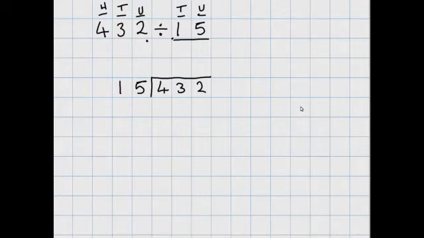Now this is actually probably the most tricky part of this calculation: you've actually got to work out what the times table is of the number you're dividing by.